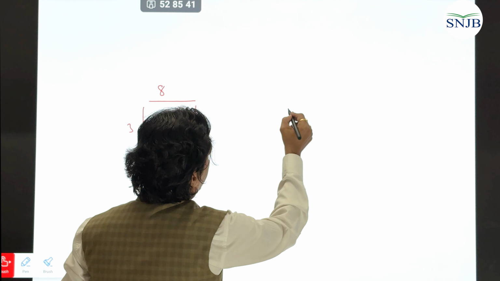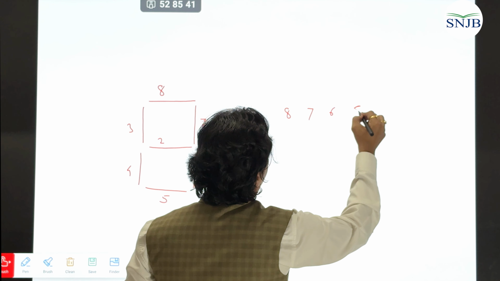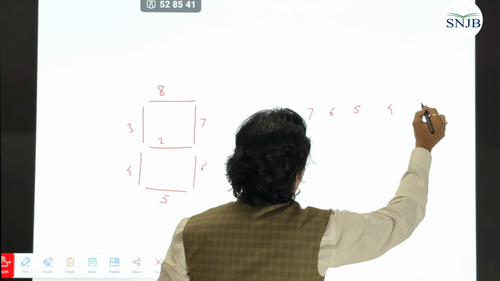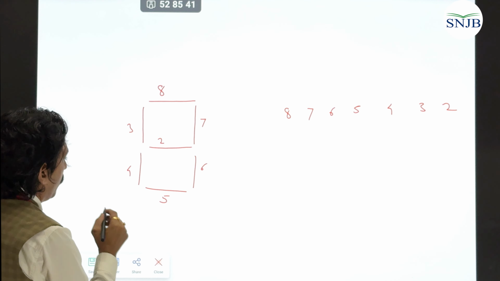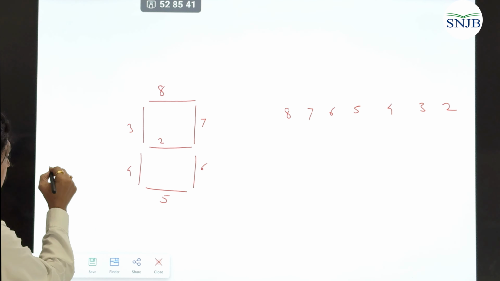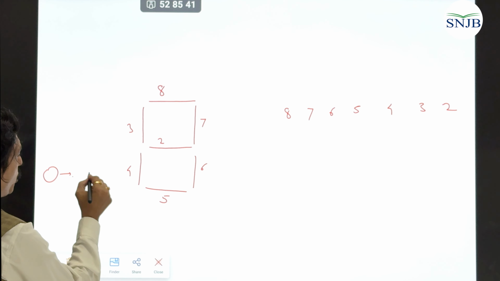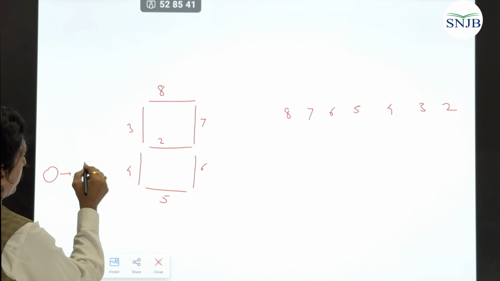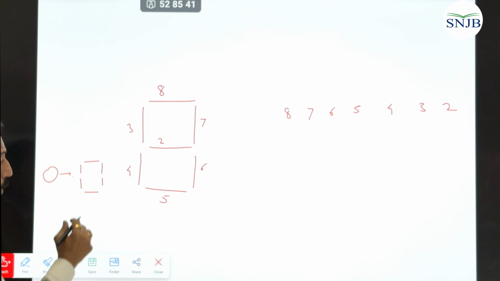So if you write it down like this, 8, 7, 6, 5, 4, 3 and 2. So when we would like to display 0, in that case this should be off, this should be off, so that it looks like this, 0.